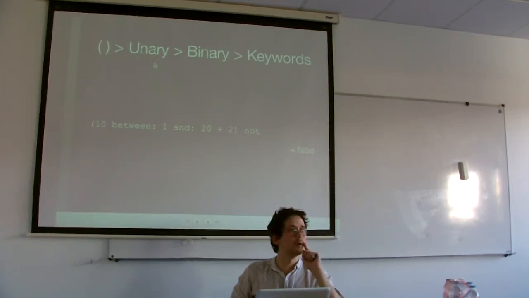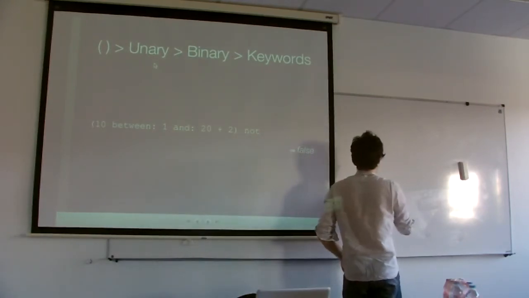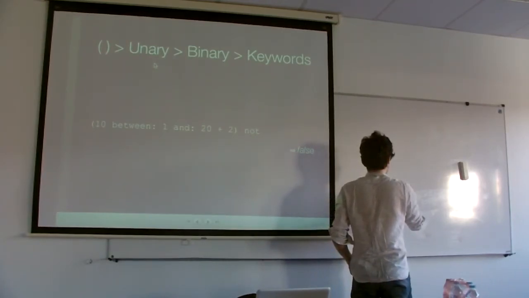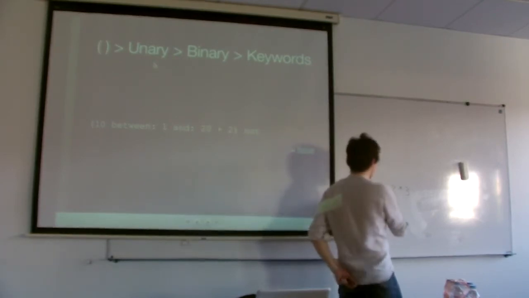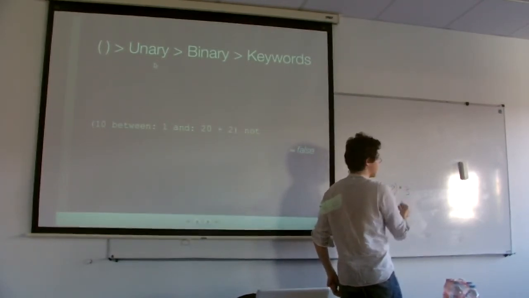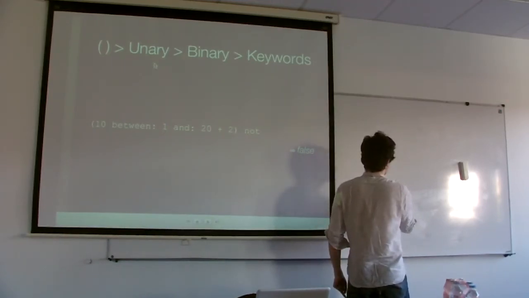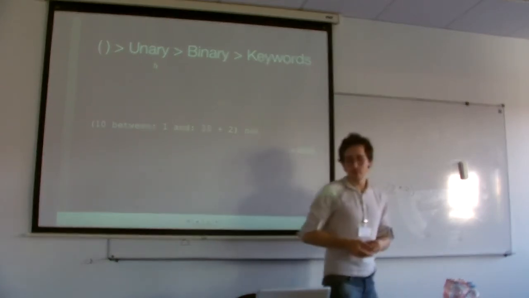You don't have the mathematical precedence for operators. So that means that if you evaluate 1 plus 2 plus 3, you don't have 7, you have 9. Because this is evaluated first, it's like writing this. So if you want mathematical precedence, you have to put parentheses. So you have to be aware of that.